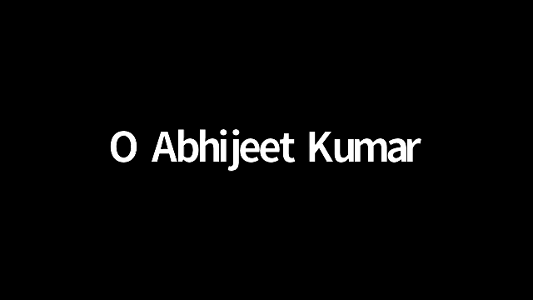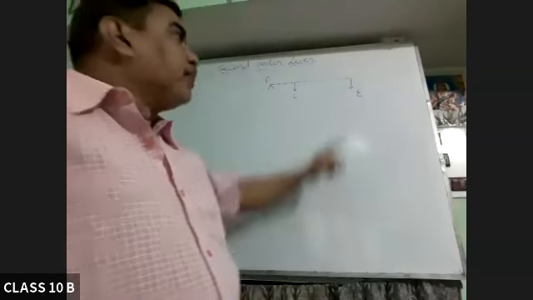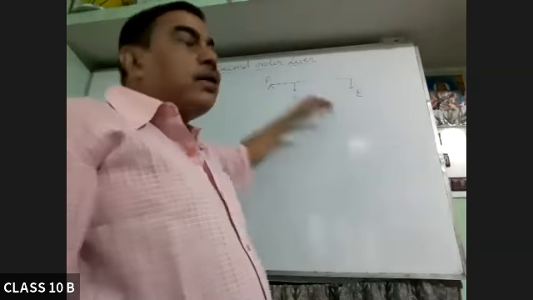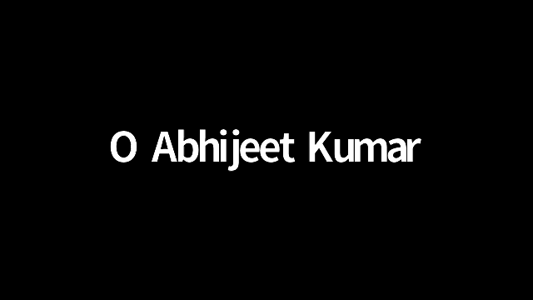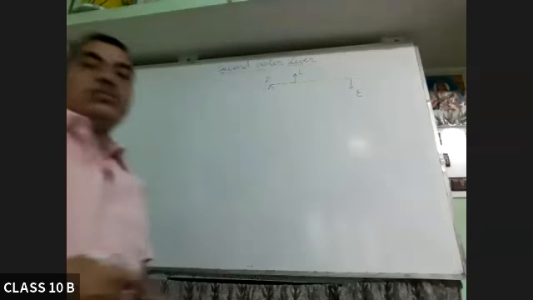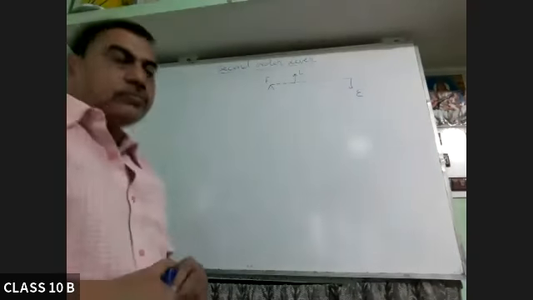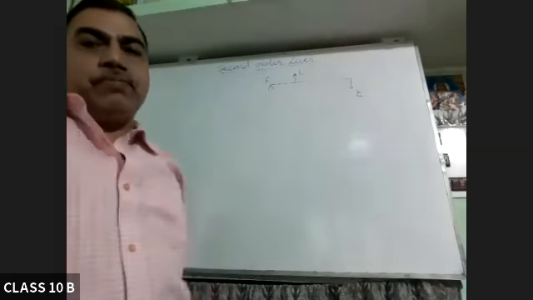Effort will be upward. Here both are producing clockwise moment. So one should be clockwise, the other should be anti-clockwise. If effort is downward, then load will be upward. Or if load is downward, then effort will be upward. You are free, you can take this direction, then load is this one. No problem.